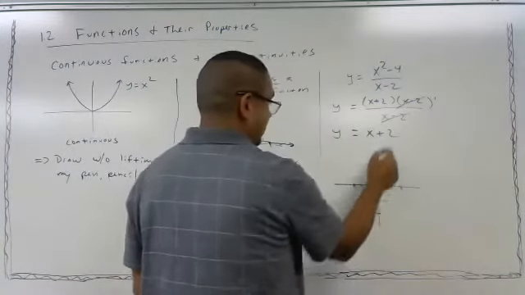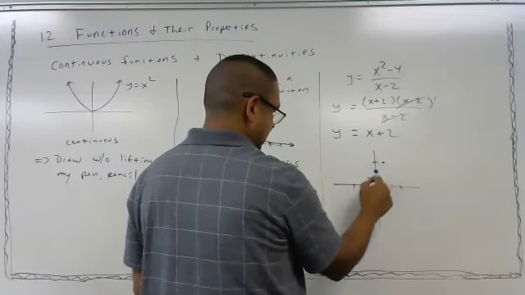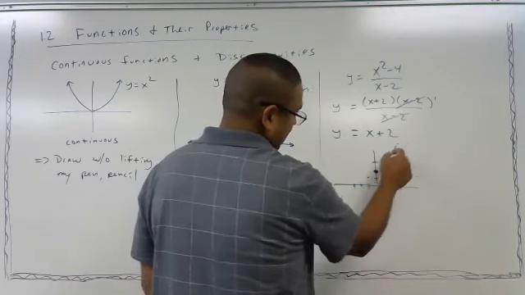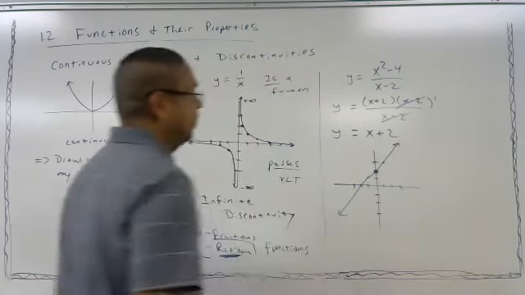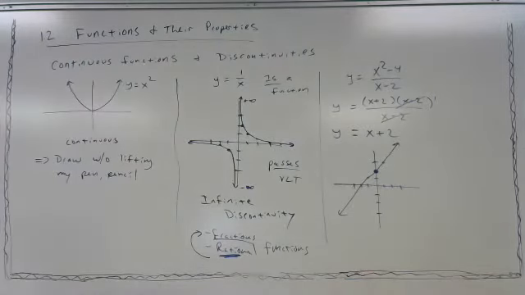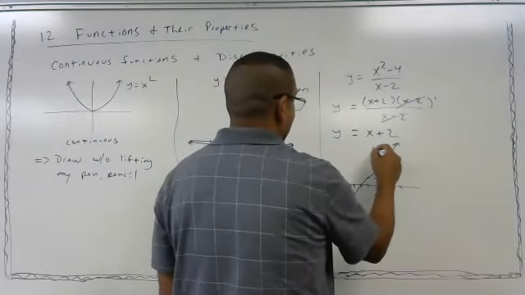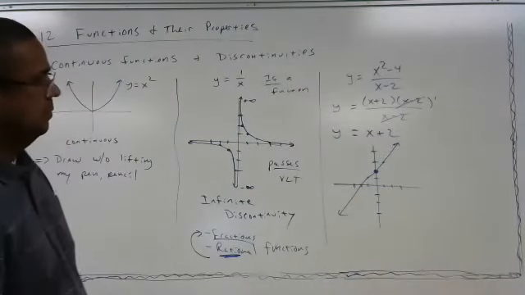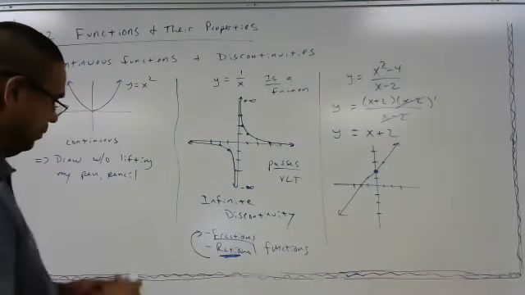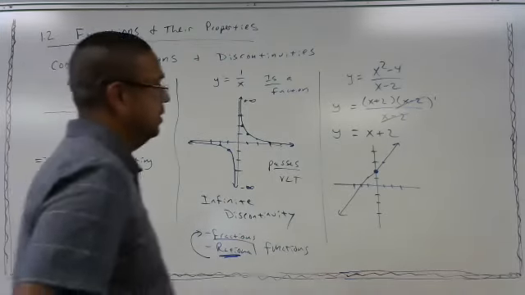So I go to my y-intercept at 2, slope of 1 over 1. And I say, no, we're missing something.